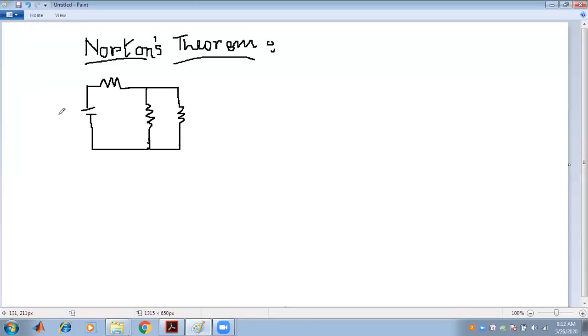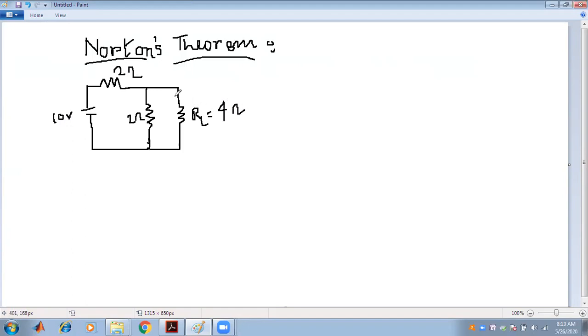So let's take this as the 10 volt source. This is 2 ohm. This is 2 ohm. And this is RL equal to 4 ohm.